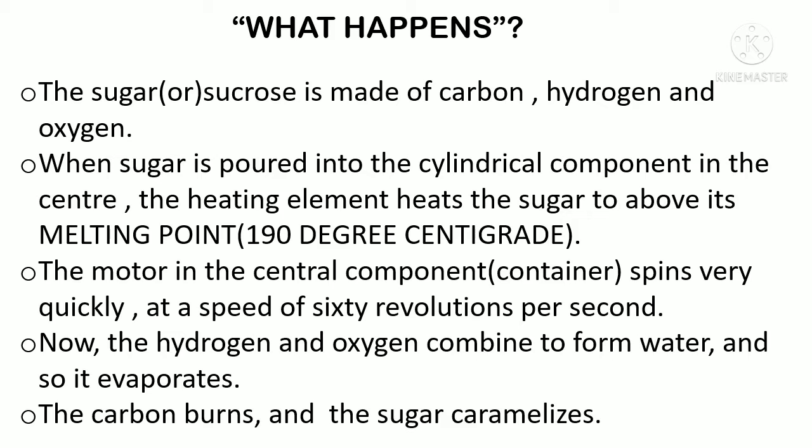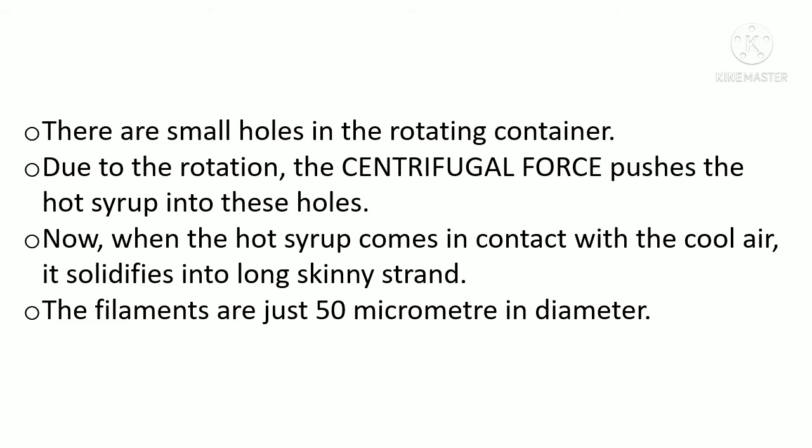Now we will only have the carbon left. This carbon burns and the sugar will start to caramelize. So the sugar is caramelized, and we also had the melting property at first. Now we'll be seeing about centrifugal force. These containers also have small holes on the top and the side.